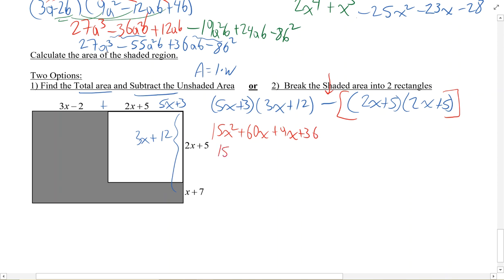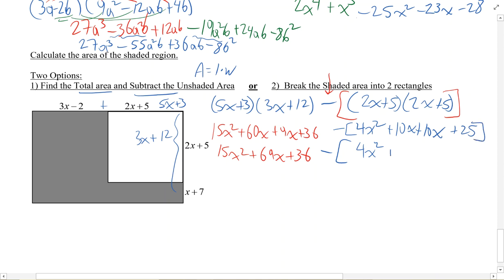So we get 15x squared plus 69x plus 36. Then we multiply the rest out. So minus bracket 4x squared plus 10x plus 10x plus 25. Collect like terms. 20x plus 25.